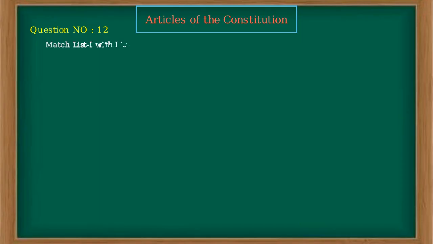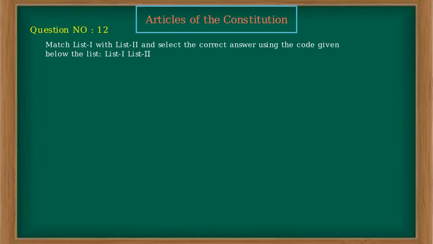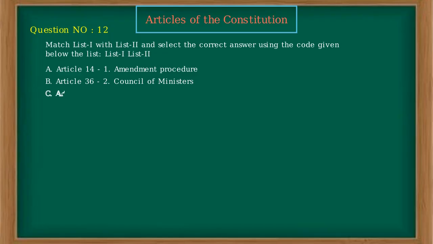Match List 1 with List 2 and select the correct answer using the code given below the list. A. Article 14, 1. Amendment Procedure. B. Article 36, 2. Council of Ministers. C. Article 74, 3. Right to Equality.